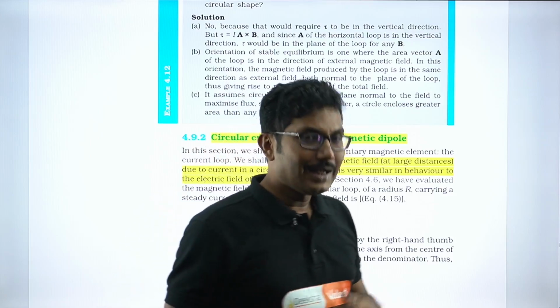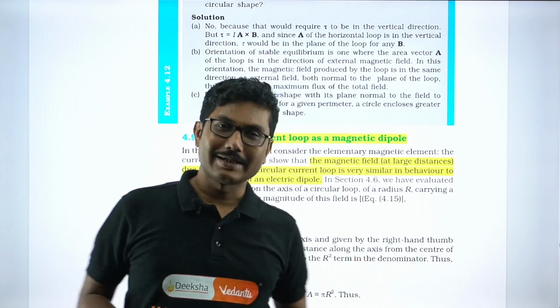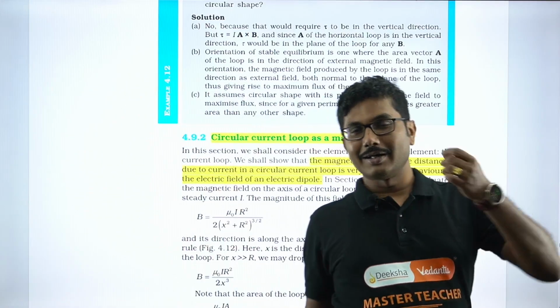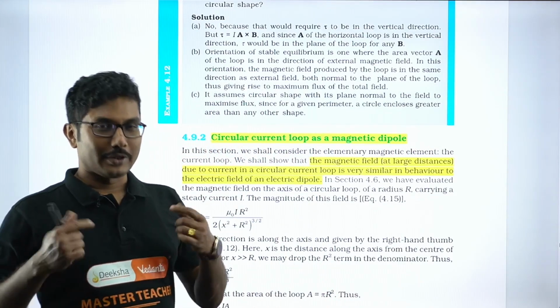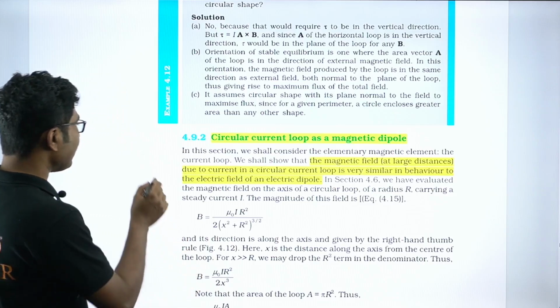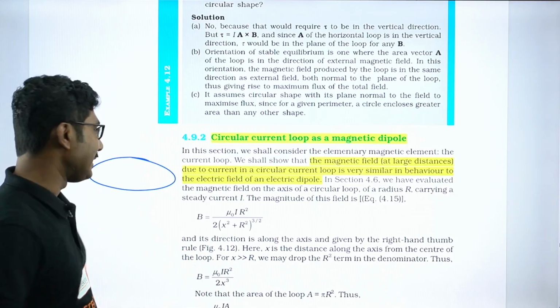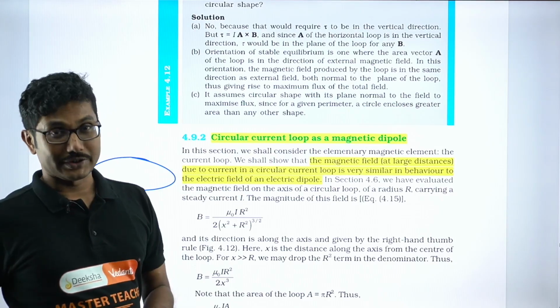So there is a difference between magnetic dipole moment and electric dipole moment. Electric dipole moments always involve charges which are very, very close to each other. In that sense, a circular coil carrying current can be considered a magnetic dipole. It has a north pole and a south pole, and they are also very close to each other.